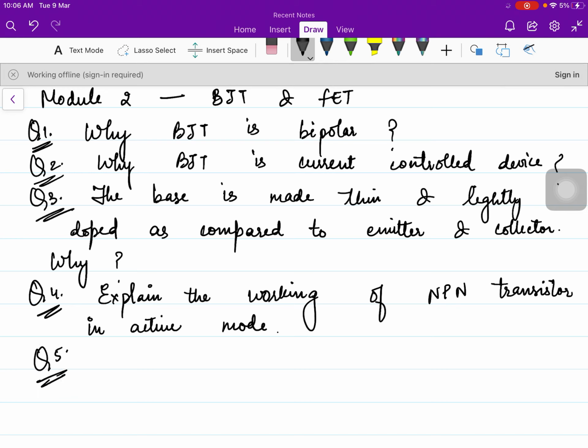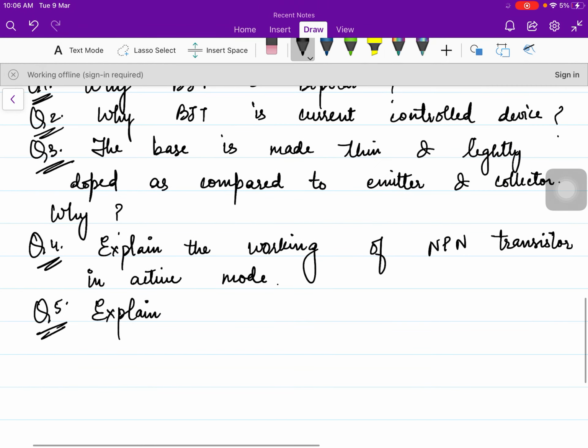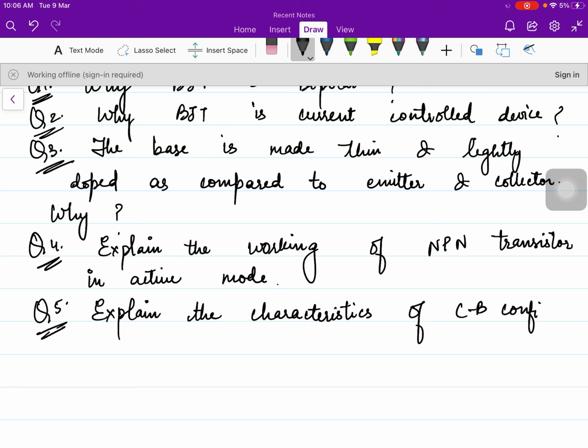Another question that I think will surely come in the exams is to explain, and if the paper is made on important topics, then this is one of the very important topics: explain the input and the output characteristics of common base configuration.